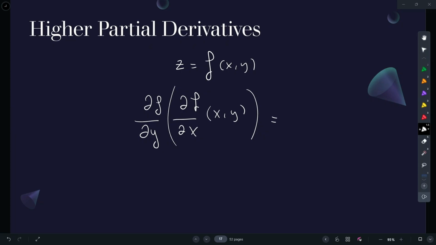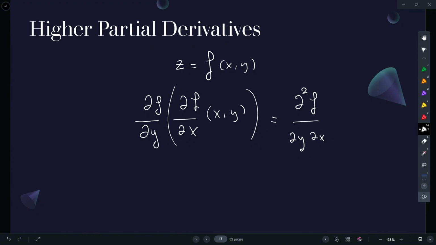We say I hit f with 2 derivatives, so it's a second order derivative. We're going to write it like this, and then I'm going to indicate the order of derivatives. So I hit it with the derivative with respect to x, and then with respect to y of that function. And this is, again, a function of 2 variables, so I could go and do it again.